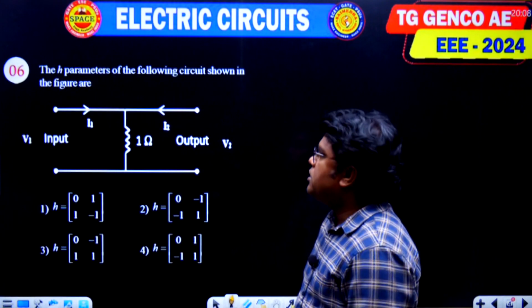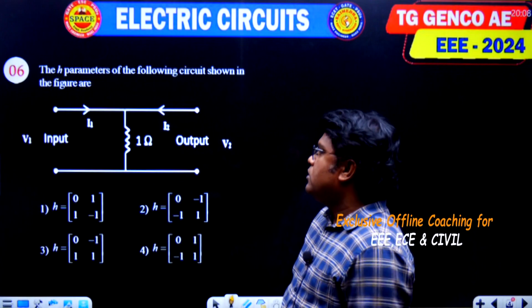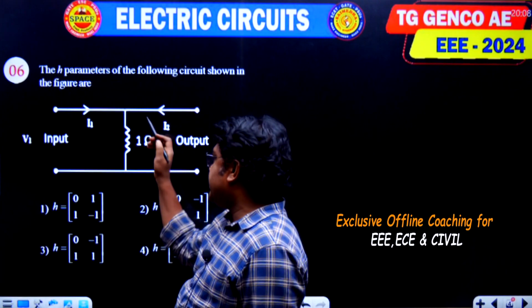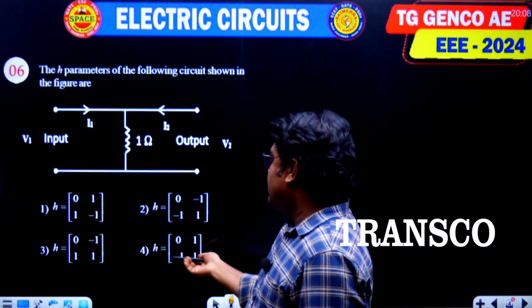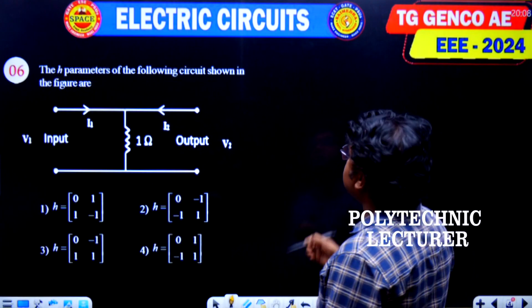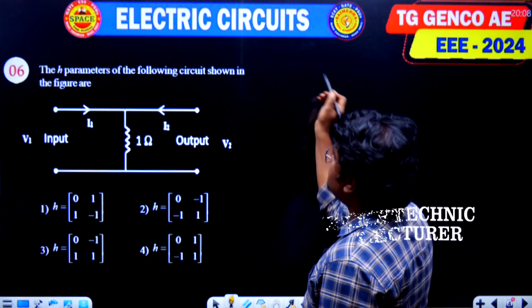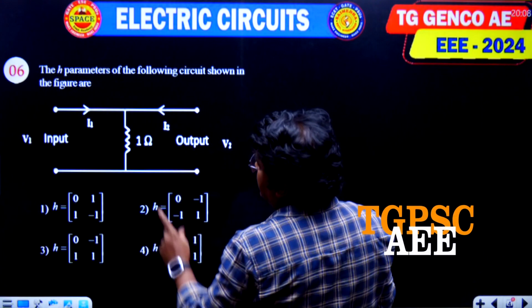Let us solve question number 6. The H parameters of the circuit shown below. This is the circuit, only a shunt branch is given. So directly we can answer that H is equal to 0, 1, minus 1. Otherwise we can answer like this also. We know that in H parameters, the dependent parameters are the input voltage and output current.